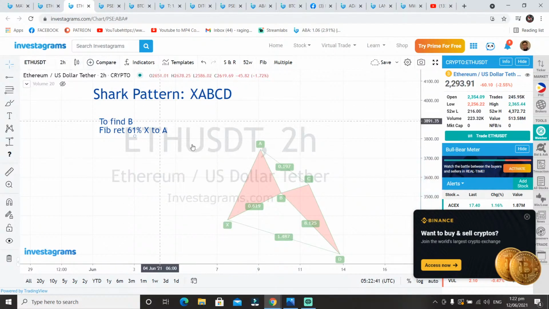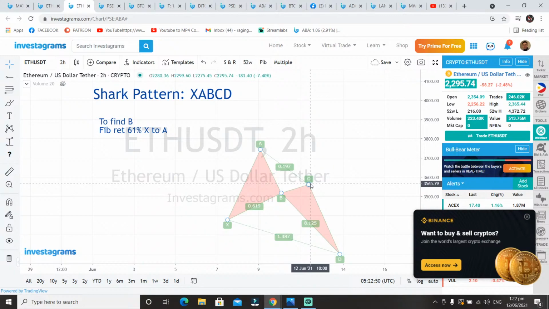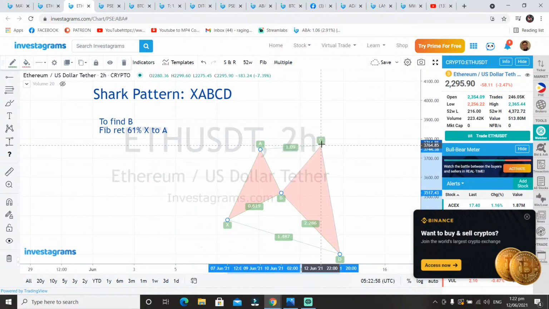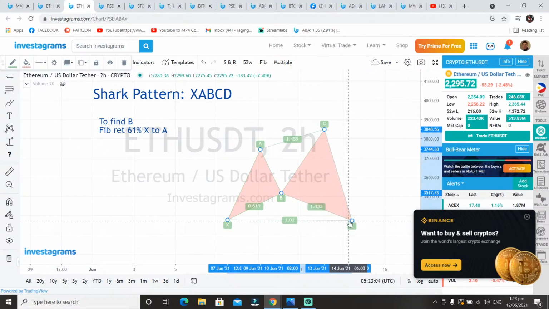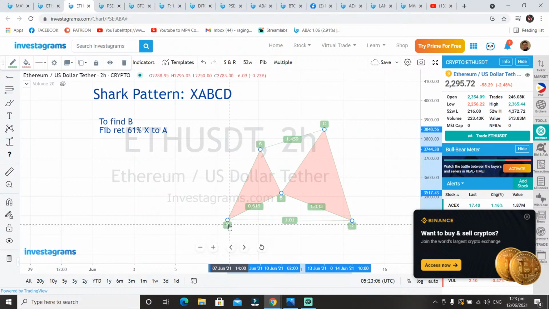the measurement for point C. Point C is actually quite large, no? It has to be about like that. Point C is at least 113% of X to A, so at least 113%.